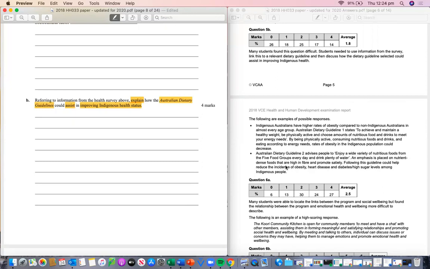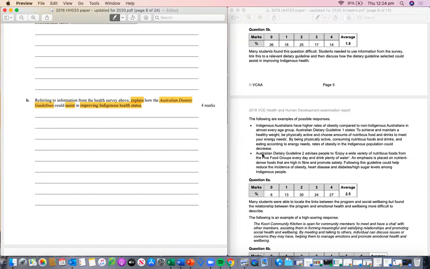Australian Dietary Guideline 2 advises people to enjoy a wide variety of nutritious foods from the 5 food groups every day and drink plenty of water. An emphasis is placed on nutrient-dense foods that are high in fiber and promote satiety. I don't know how to say that word, I apologize. Following this guideline could help reduce the incidence of obesity, heart disease, and diabetes, high sugar levels among Indigenous people.